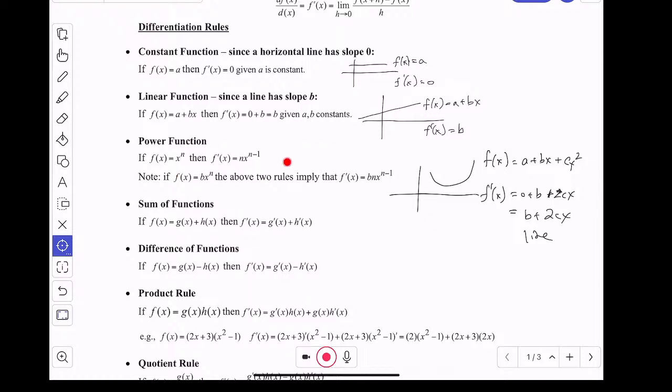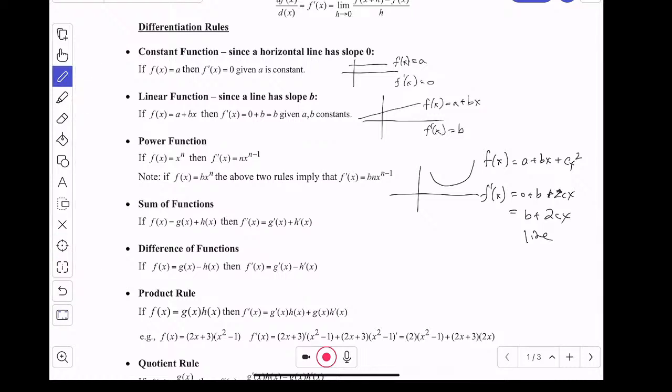And that's captured in this function here. So for instance, like the one I did, whatever number is there, it gets multiplied and the power goes down by 1.